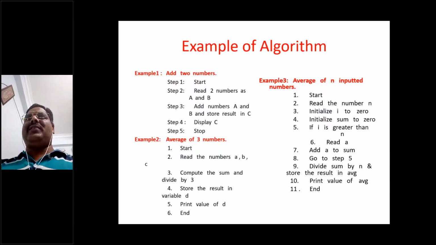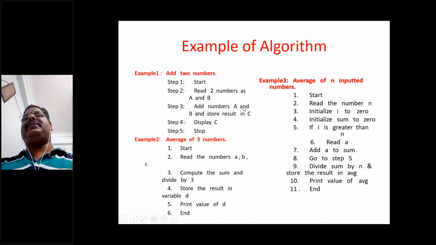Whereas a pseudo algorithm may consist of, see, something like programming languages. The first step, start, is mandatory, and the last step, stop, is also mandatory. But in step two, I said int a is equal to 10 and b is equal to 20, right? In step three, I said c is equal to a plus b with a semicolon.